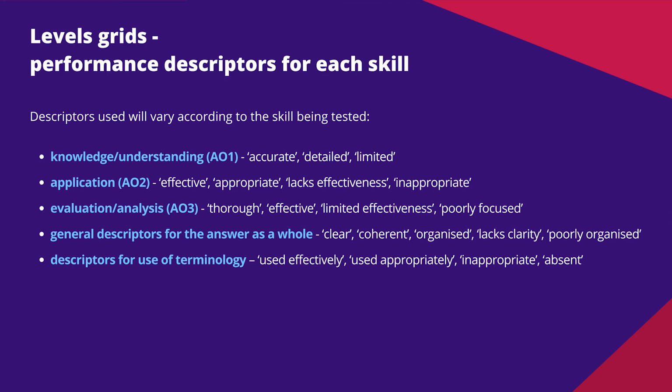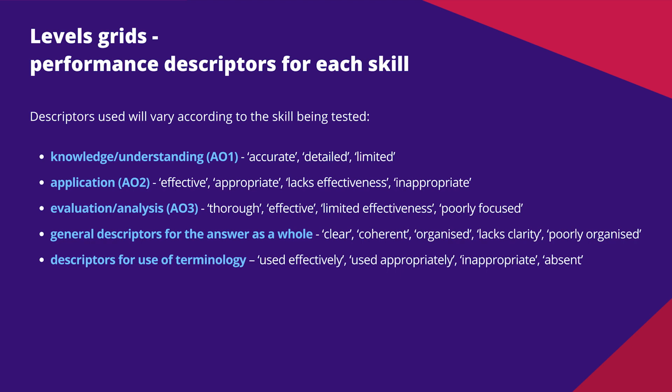For questions with a tariff of 4 marks or above, we normally use levels grids. At each level of the grid is a written paragraph or verbal descriptor which describes the qualities of an answer at that level. The words used in the verbal descriptors vary according to the skill being tested. Here are some examples taken from previous levels grids.